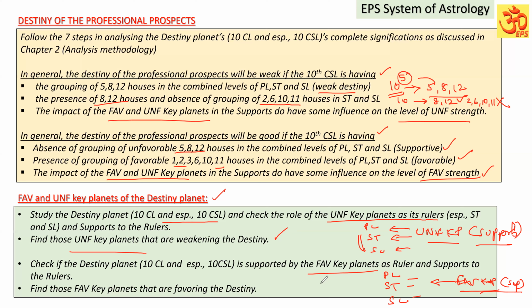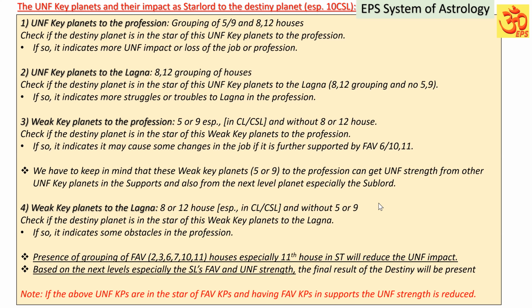Now let me brief about the role of unfavorable key planets and their impact as star lord to the destiny planet, the 10th cuspal sublord. The 10th cuspal sublord in the star of an unfavorable key planet, what sort of impact, we have already discussed, but still for your better understanding, I'm going to brief here.